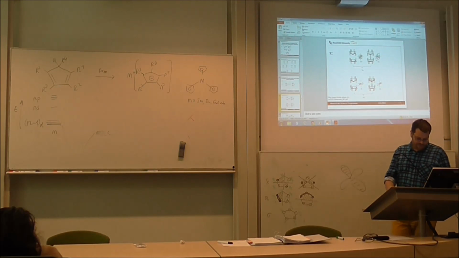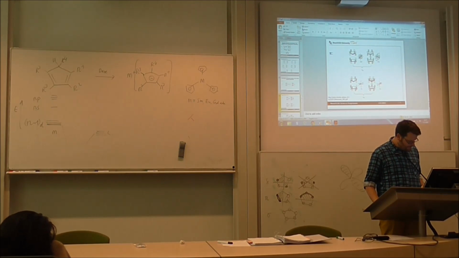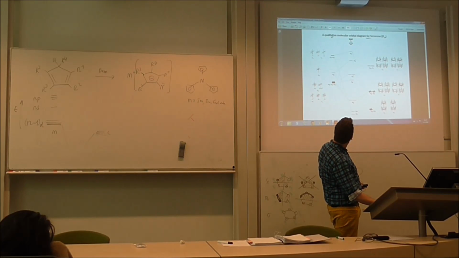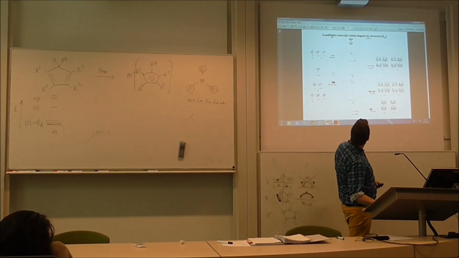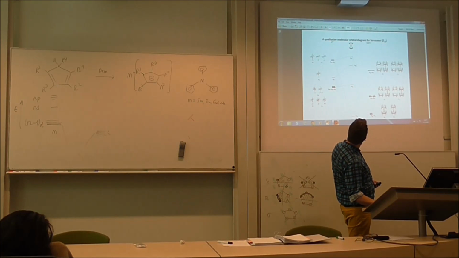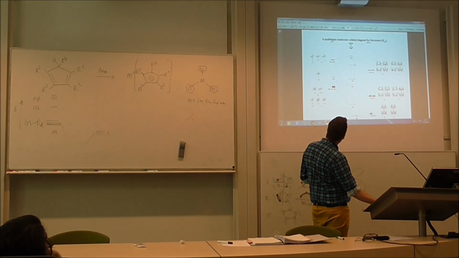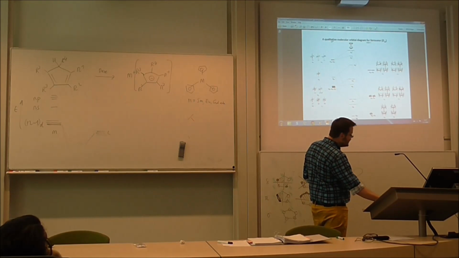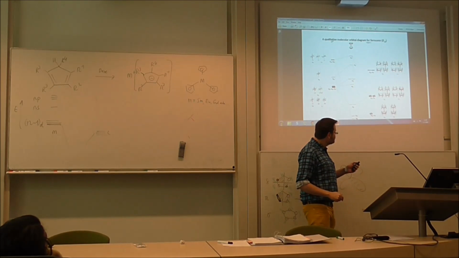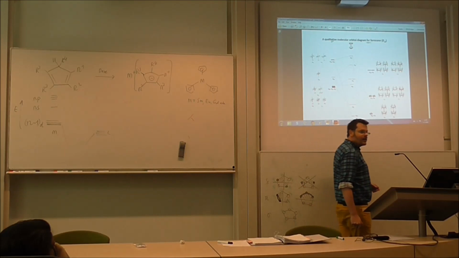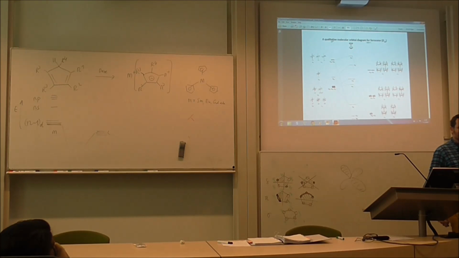So, if I go to the diagram, let's just go back one step. There we go. And now, there's the next one. So you see, we saw just now pictorially that each of these have one orbital associated with them.